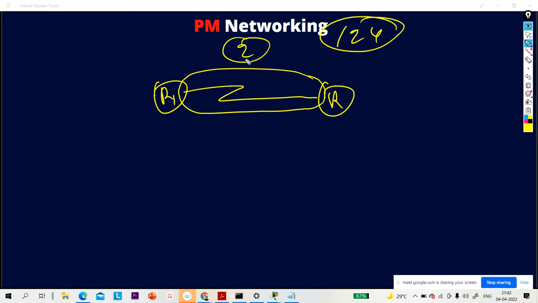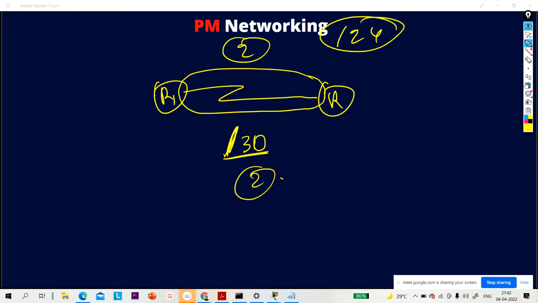So what slash value should I use? /30. If I use /30, how many valid hosts will be there? Only 2.